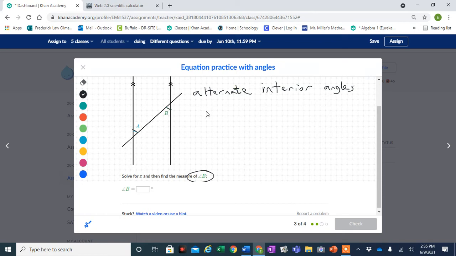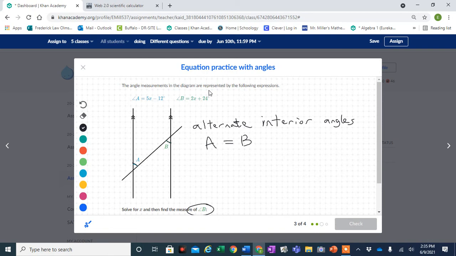And again, that would mean that A is equal to B. There we go. So that would mean that in this situation, given the values, 5x minus 12 is equal to 2x plus 24.